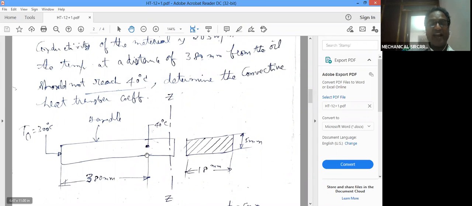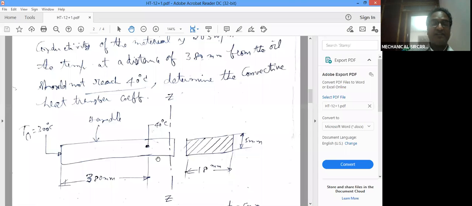In the oil pan, the temperature is 300 degrees centigrade, and the base temperature T0 is also 300 degrees centigrade. So temperature decreases from 300 degrees centigrade to here, because you have to hold it with your hand.